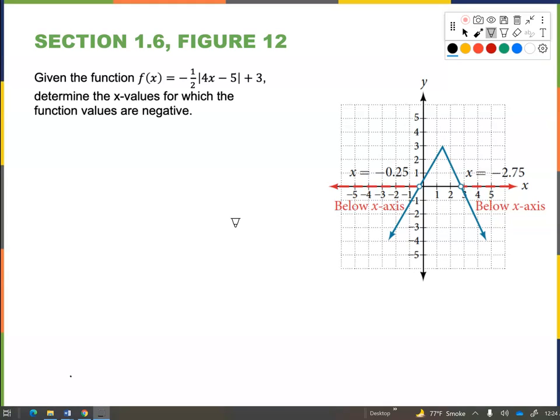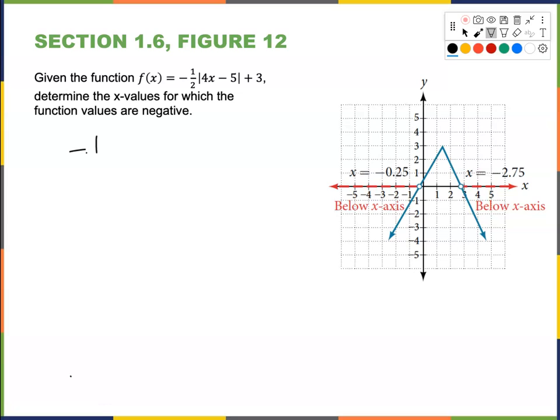So since it says here, find the x values for which the function values are negative, so we want this function less than 0. So we could write this as negative 1/2 absolute value of 4x minus 5 plus 3 is less than 0.